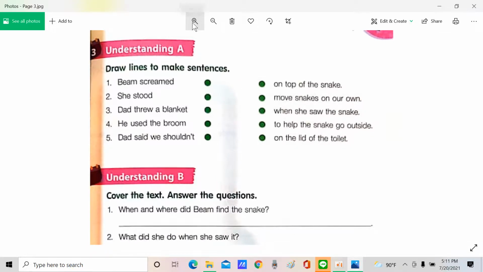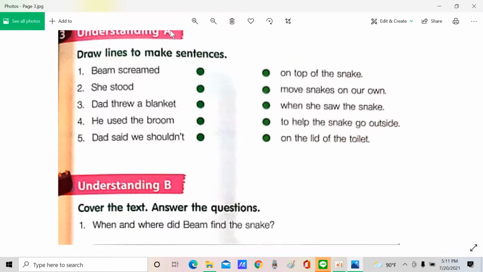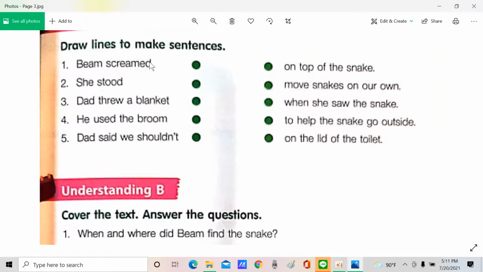Now you're going to draw a line to complete the sentence. Now number 1. Beam screamed. Why did Beam scream? What could be the next words to connect it, to make a sentence? Beam screamed.